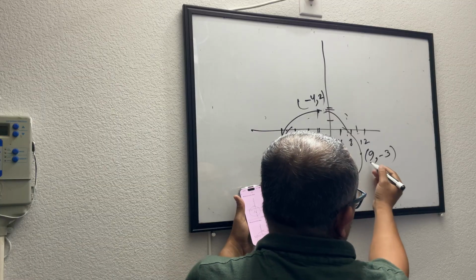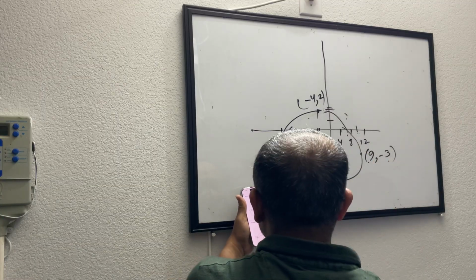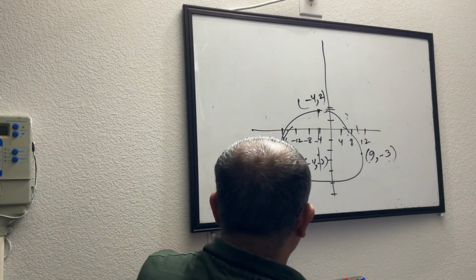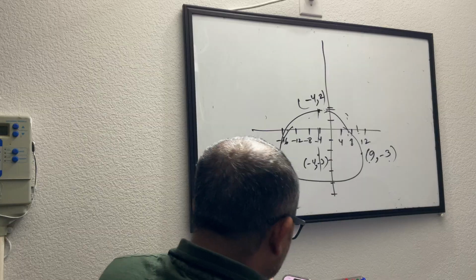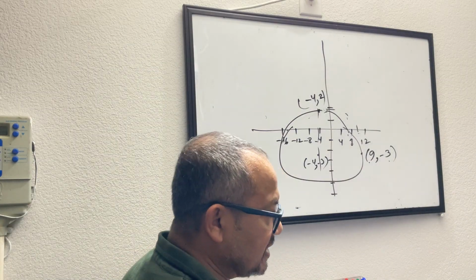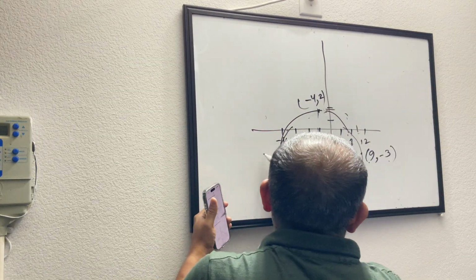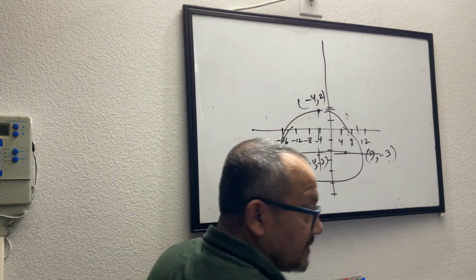Another vertex here is 9, comma minus 3 along the major radius, and the center is given as minus 4, comma minus 3. And we have been asked to plot the foci of this ellipse, or find out the coordinates of the foci of the ellipse.